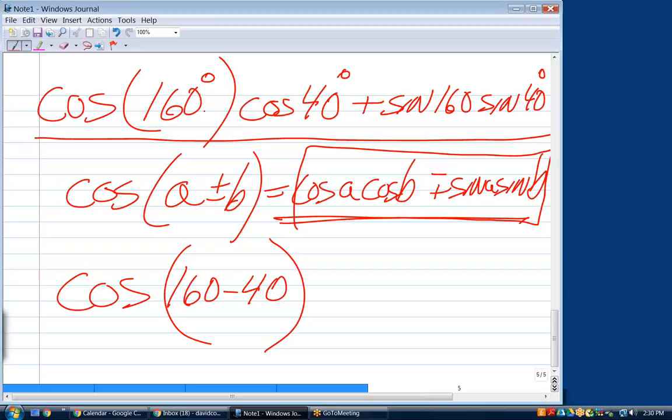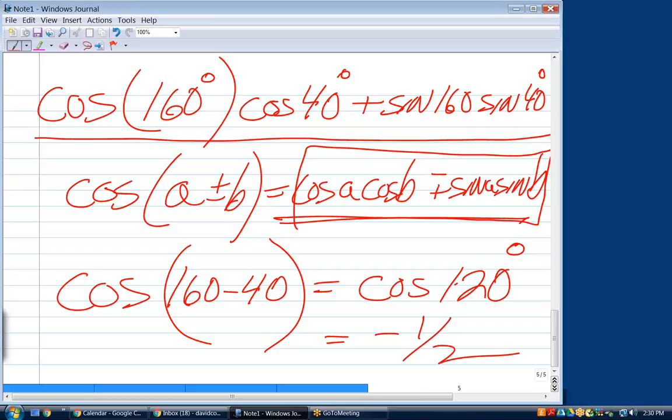I don't know what the cosine of 160 or 40 is. But I do know what the cosine of 120 is, because that's a multiple of 30. What is that? Negative 1 over 2. Right.